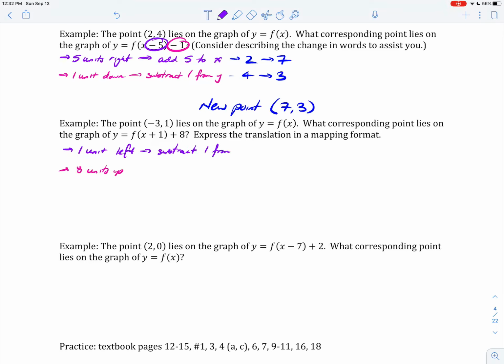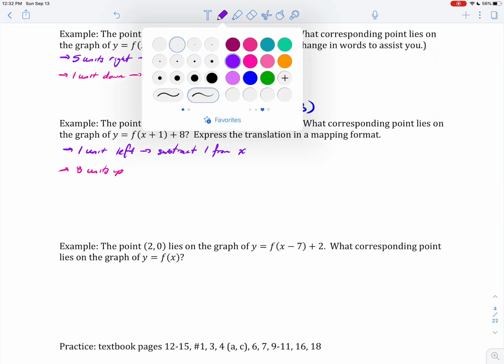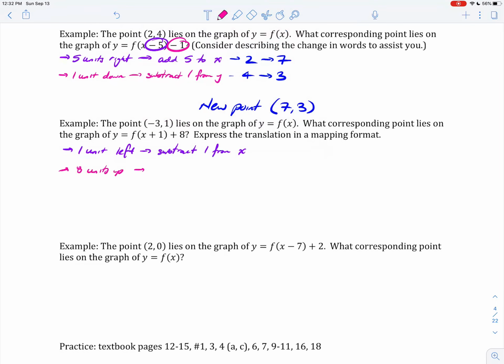We subtract 1 from X. 8 units up means add 8 to Y. The new point: instead of -3, we have to subtract 1 from that, so we're at -4. Instead of 1, we have to add 8 to that, so we're at 9.